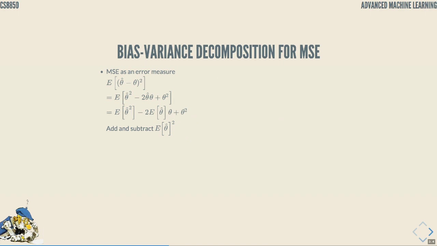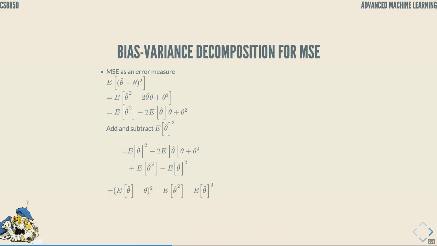We add and subtract the square of the expectation of our parameter estimate. Then we get this quantity, which is the completed square as before.